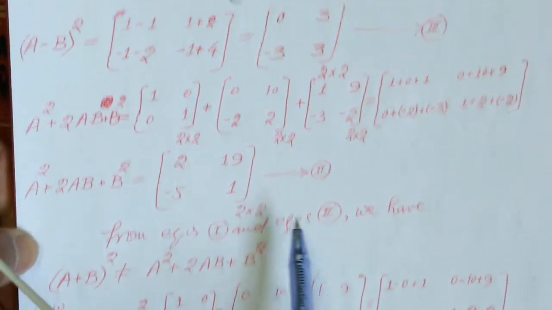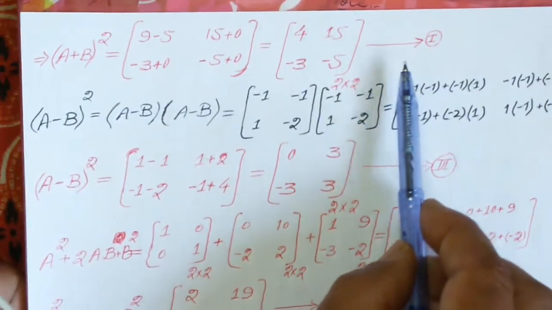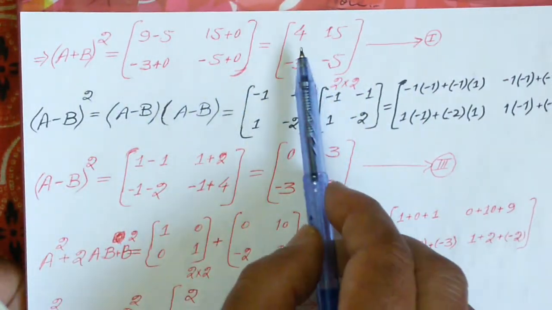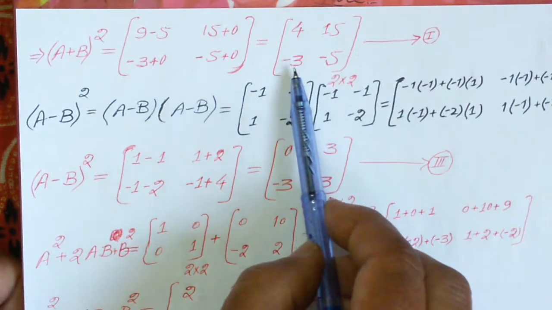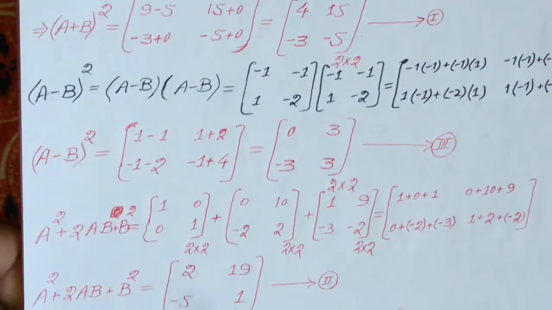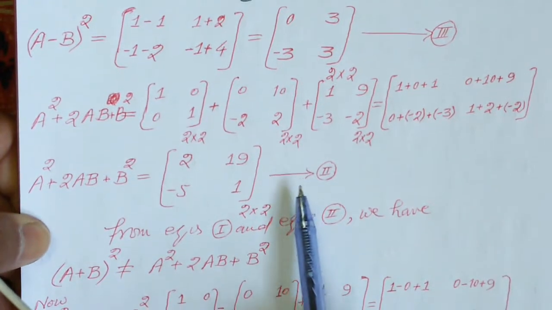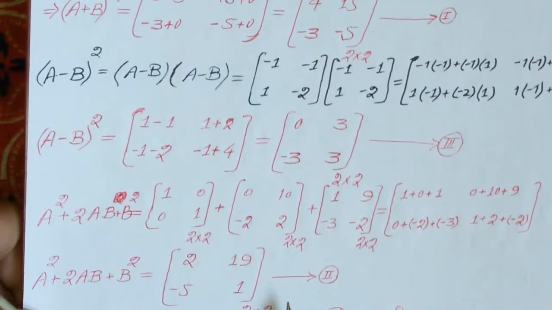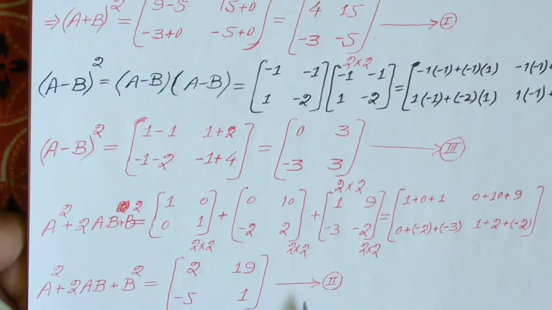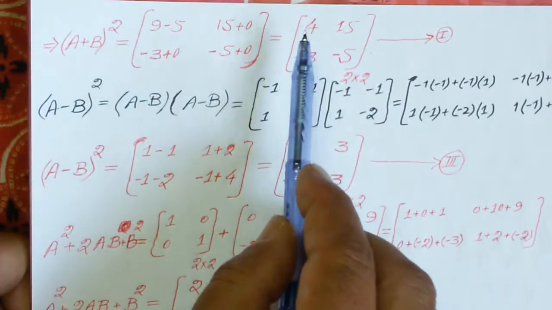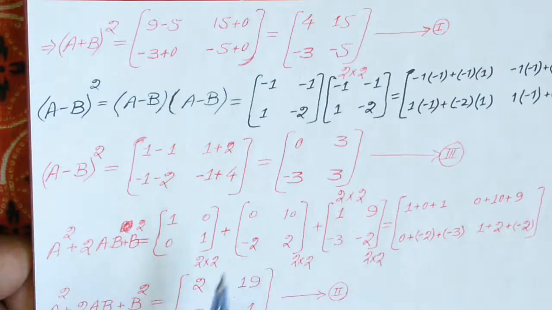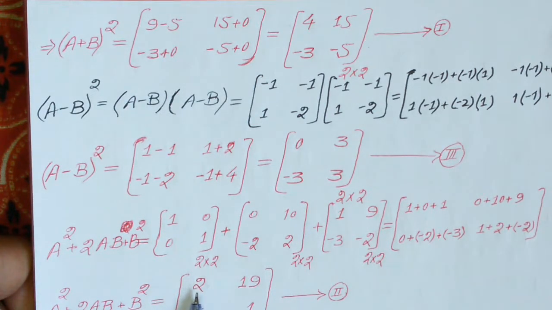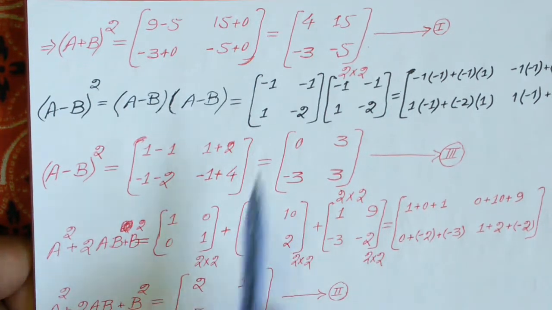From equation number 1st, A plus B whole square is a matrix having elements 4, 15, minus 3 and minus 5. And in the second equation, compare the elements. The element in the first row is 4, 15. Here the element in the first row is 2, 19, which are different.